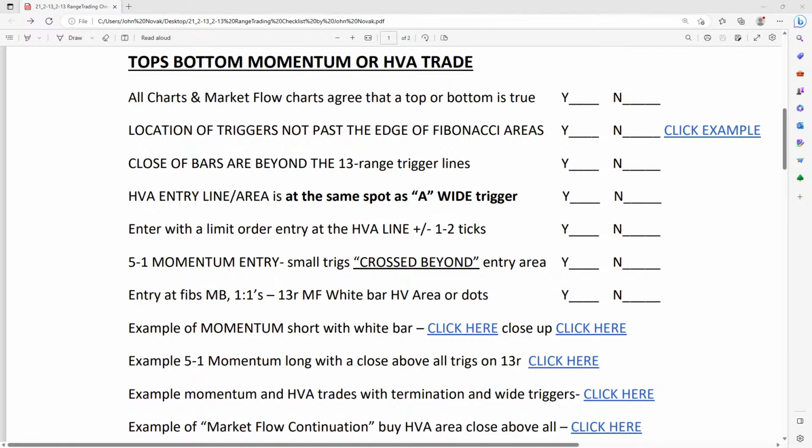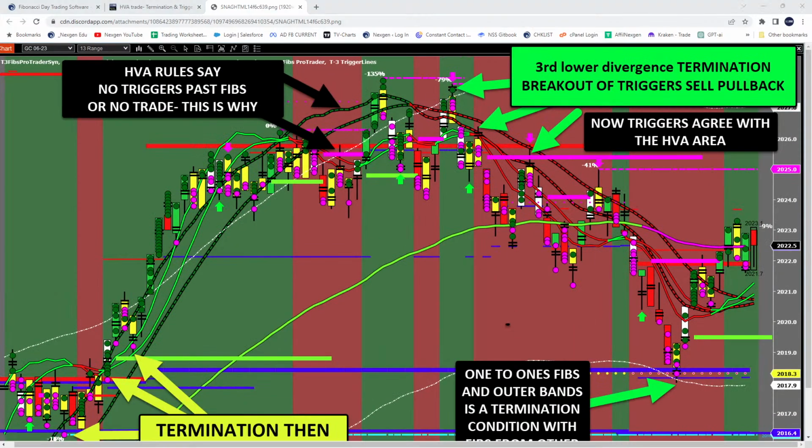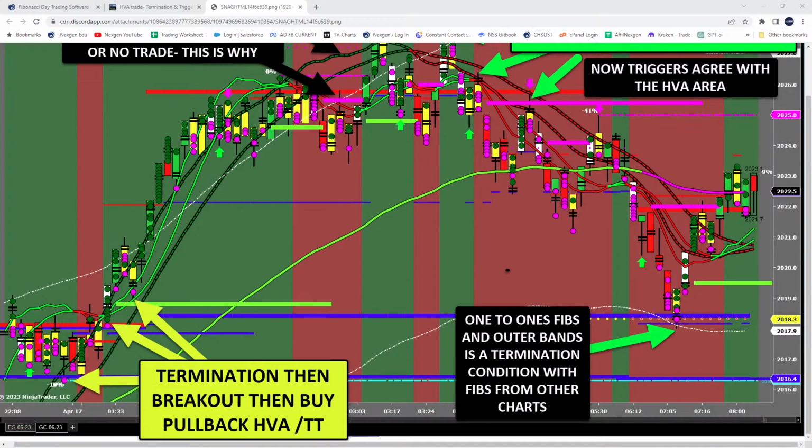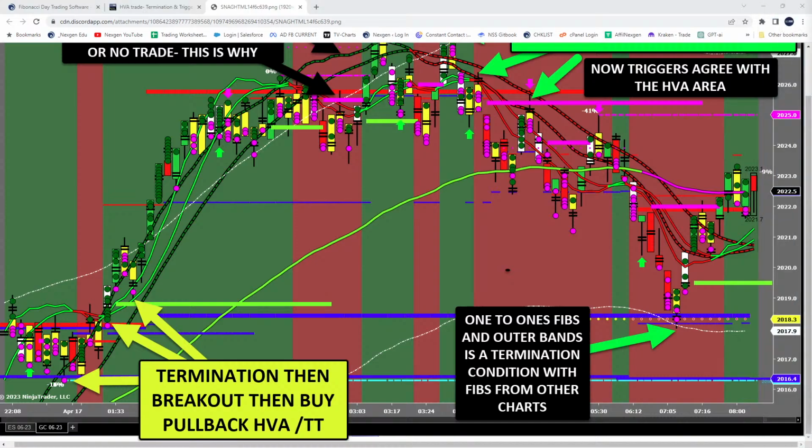Check this out. I'm going to open up a picture that I posted earlier. Did you guys see this picture? This is the 13 range chart. Here, let me do this. I'm going to change this up just a bit. Bear with me. I'm going to make it bigger. Okay, there it is.